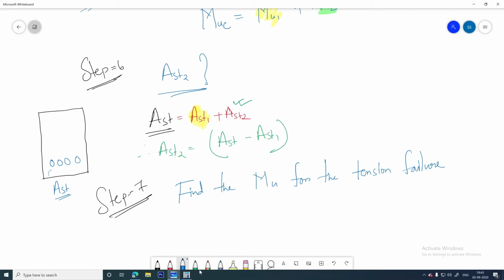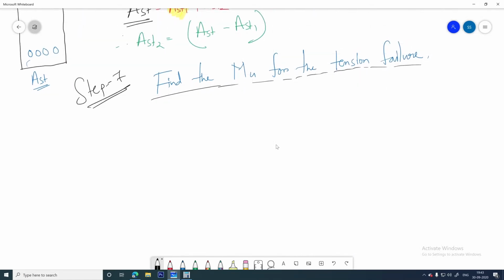That thing I have already told you: Mu is denoted by MUT, right, and that is equal to Mu1 plus Mu2.